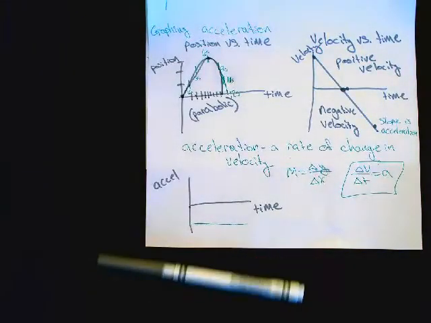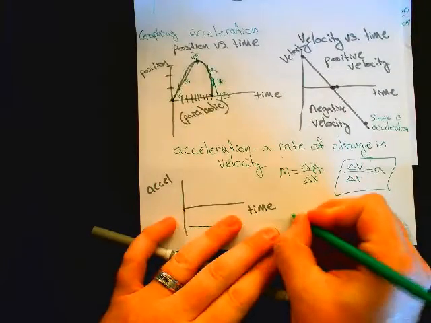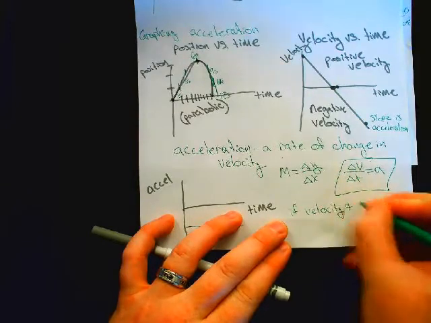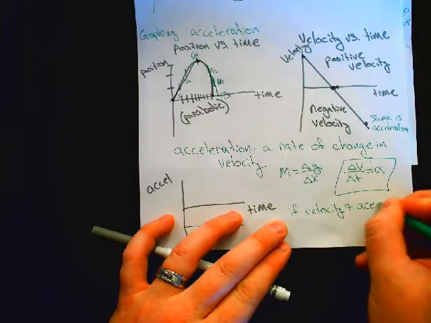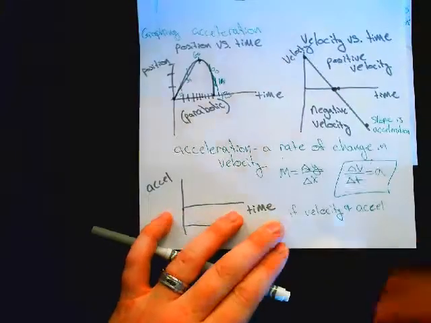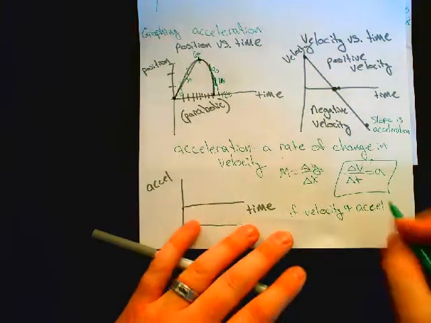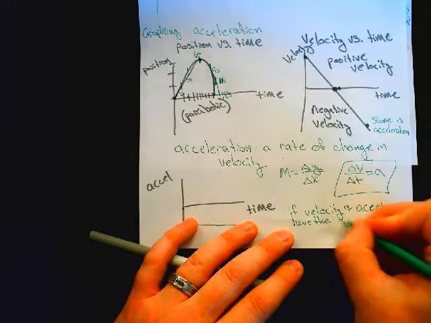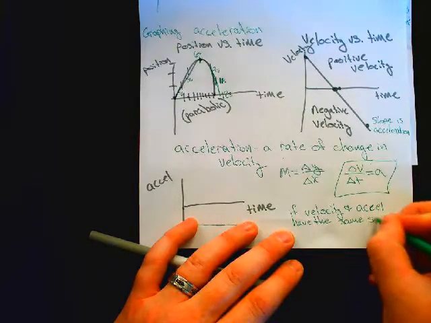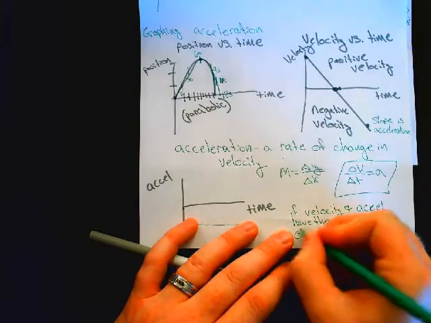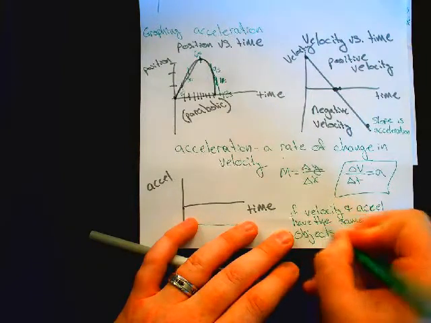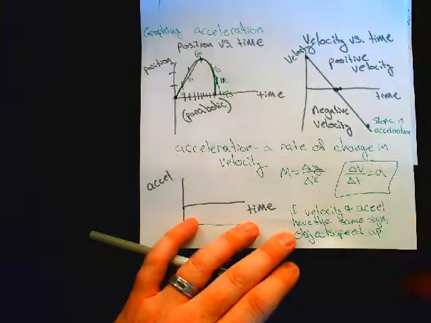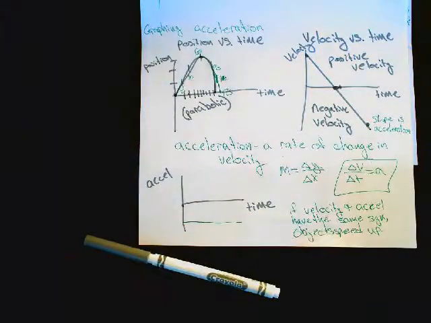And that's our last piece: if velocity and acceleration have the same sign, objects speed up. And conversely, if they have opposite signs, they slow down.